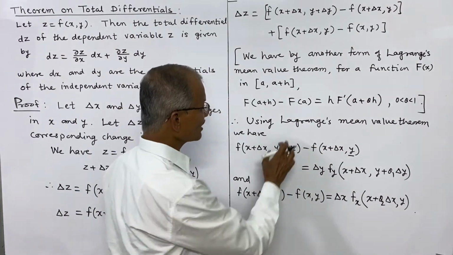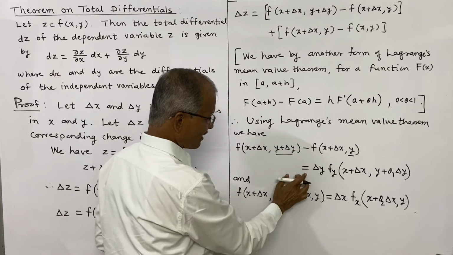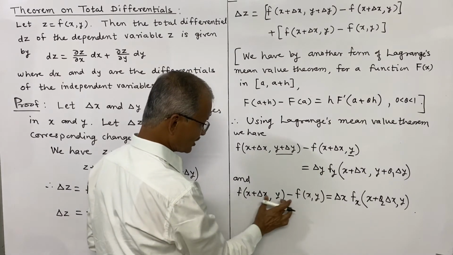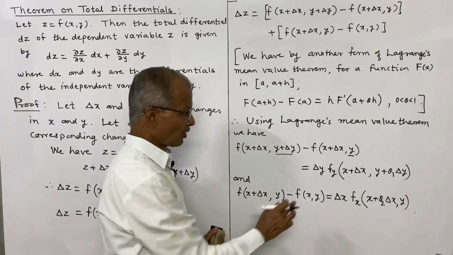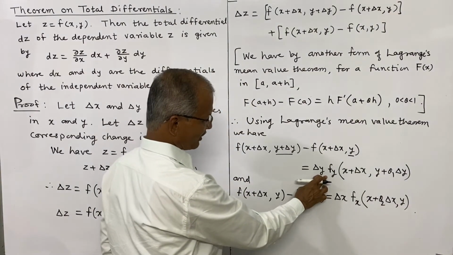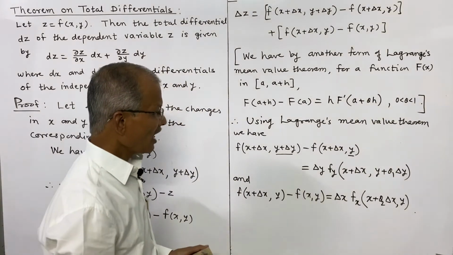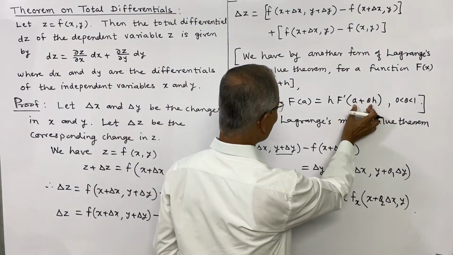Instead of h, for the first result the change is delta y, and for the second result the change is delta x. For the first result the derivative is partial with respect to y, and here the derivative is partial with respect to x, and the point is a plus theta h.